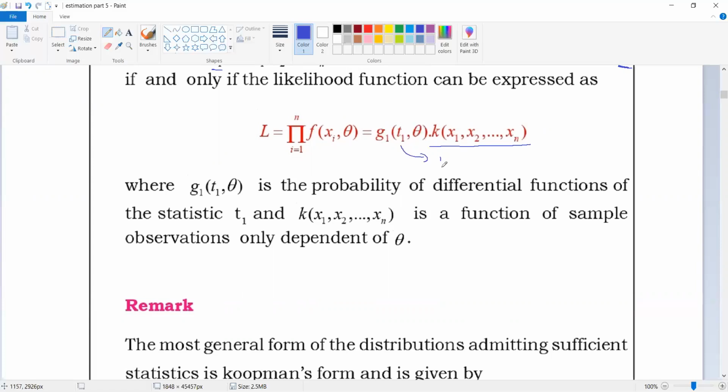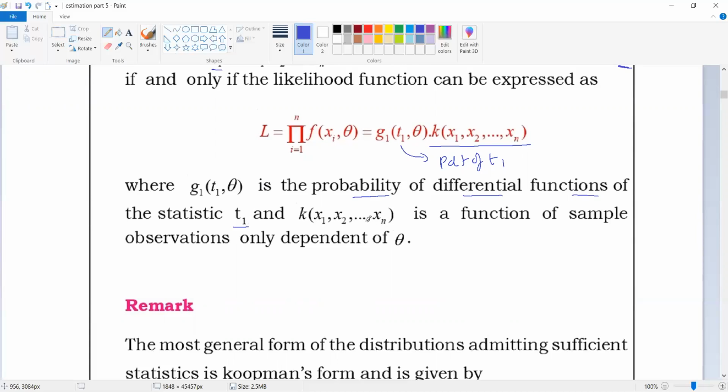Here g of t1 comma theta is the PDF of t1, where t1 is a statistic. The PDF of t1 depends on theta; it is the probability density function of statistic t1.